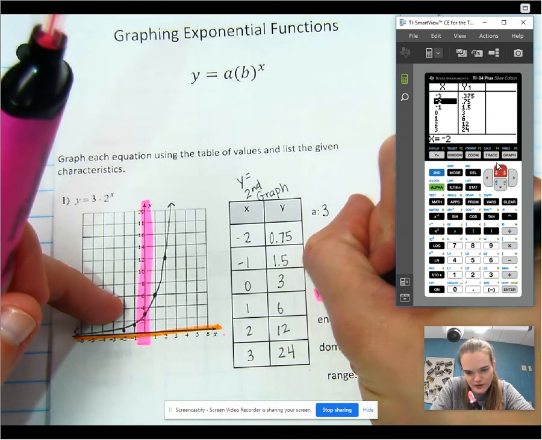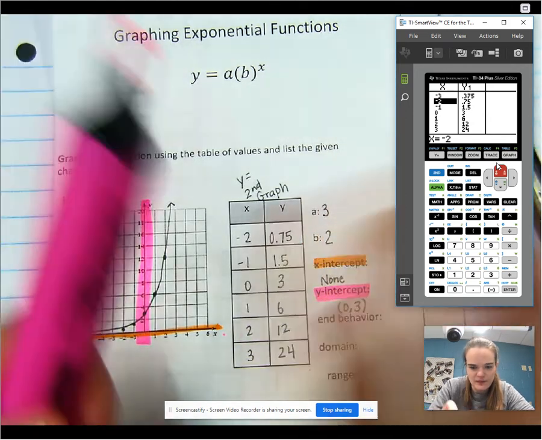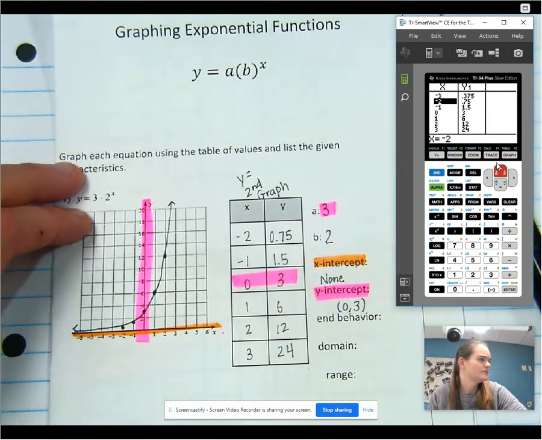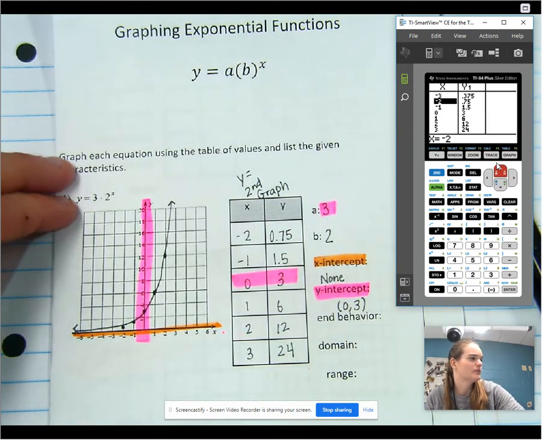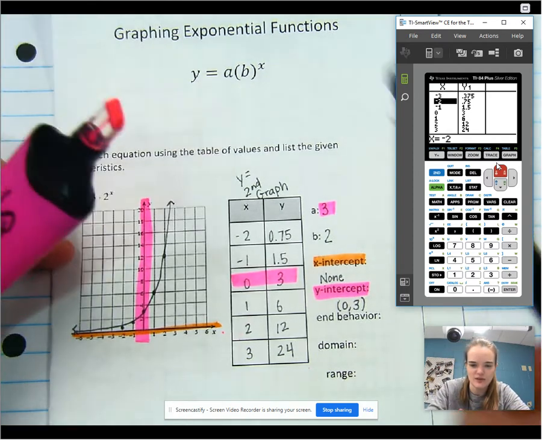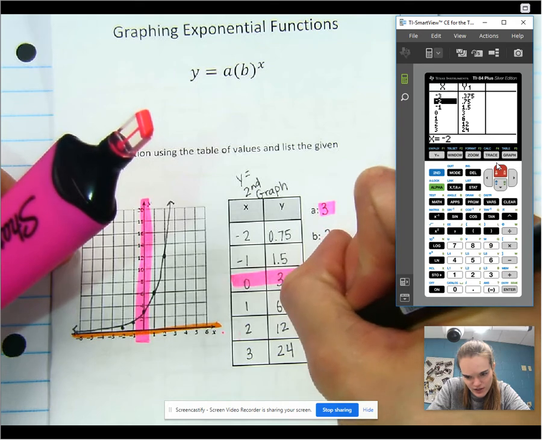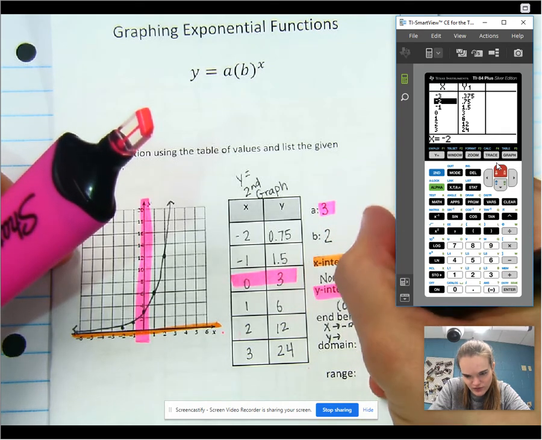We're going to notice something about this as well. It's right here in this graph. It is also always A. A is always the y-intercept. All right, end behavior. End behavior is a little different because it does not have an x-intercept.